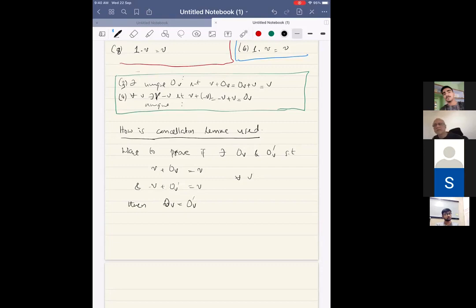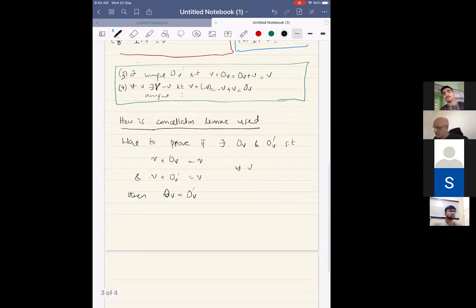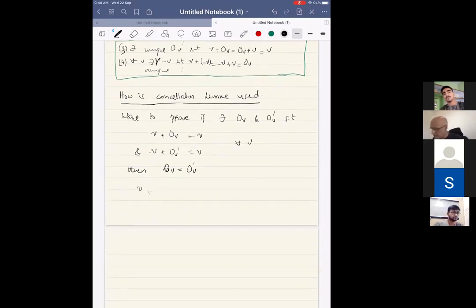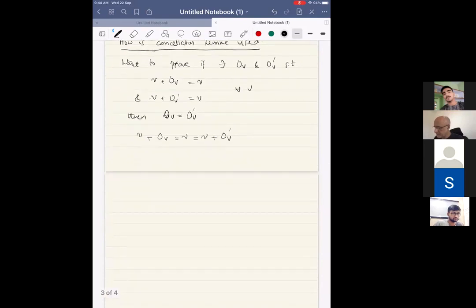So in other words, if there are two zero vectors, they are the same. Okay, so let us do that. v plus 0v equal to v, which is v plus 0v prime. So in fact, you don't even need for every v. So if this is true for every v, it's true for some v. So I can take one v for which this is true.